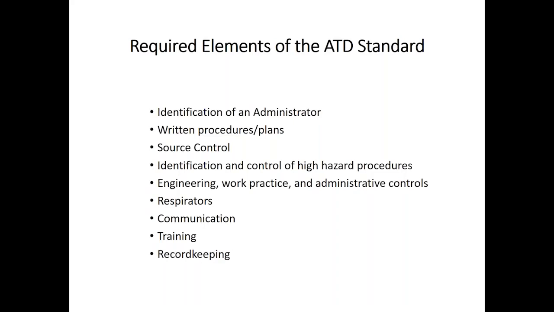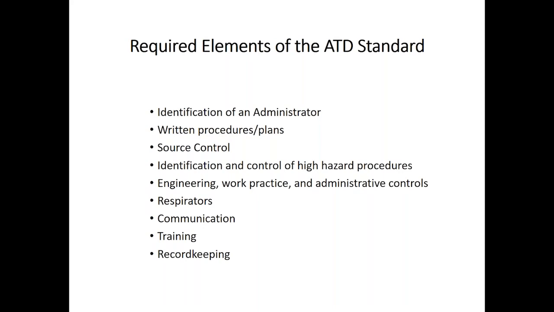And some of those include obviously identifying an administrator, somebody who's going to ensure that the program is successfully implemented, and making sure that they review it annually and see if there are any changes or updates that need to be made depending on what's going on at the time. Make sure the written source control procedures are included. They've identified and controlled for the high hazard procedures.